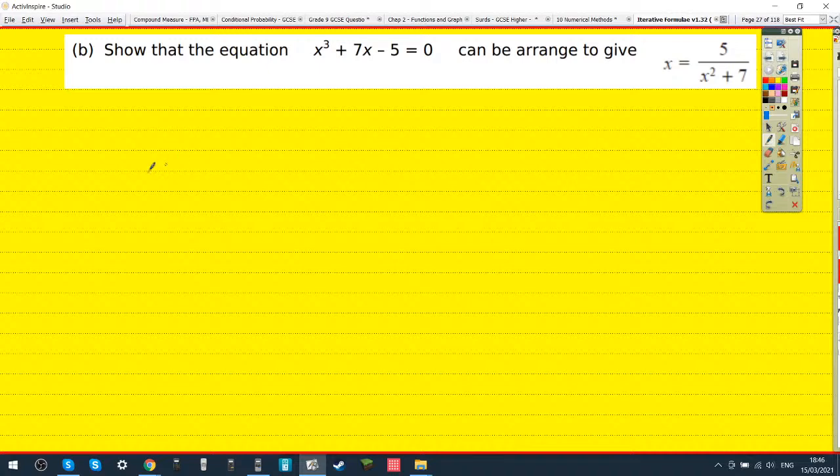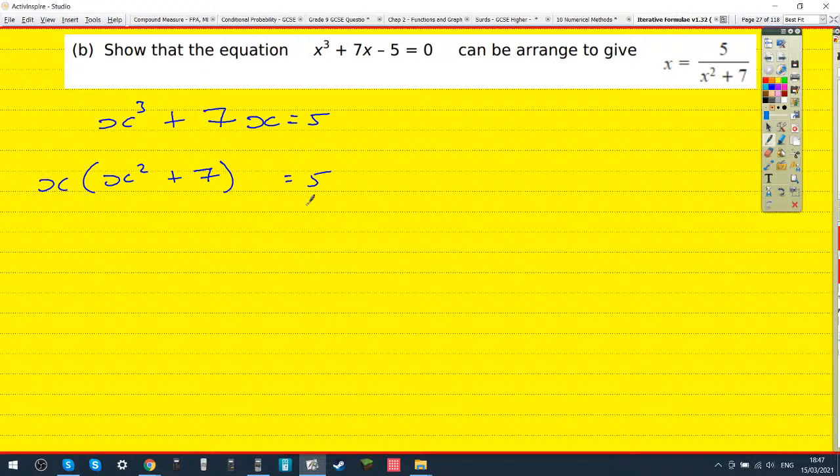Let's see this one. All right, how about this? So if I do x cubed plus 7x equals 5, then factorize out x and get x squared plus 7, sorry, equals 5.